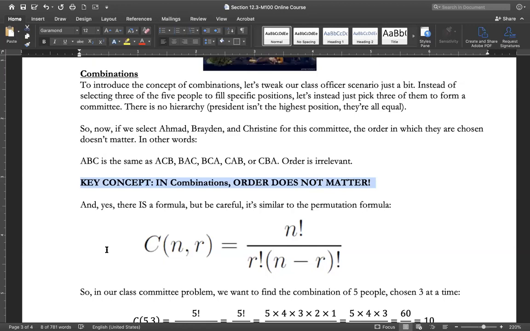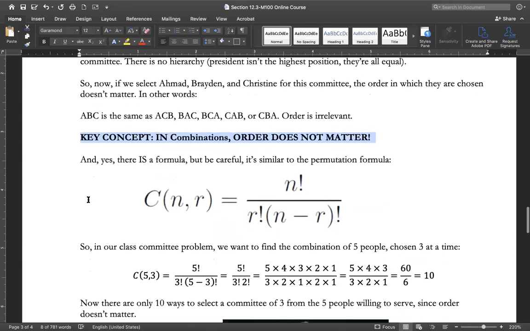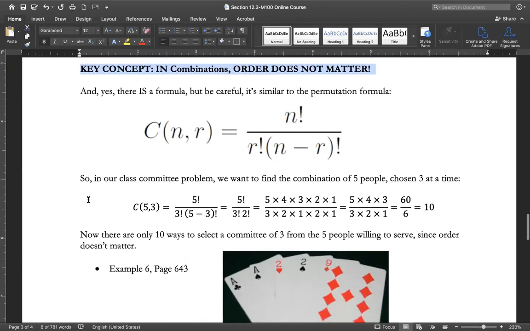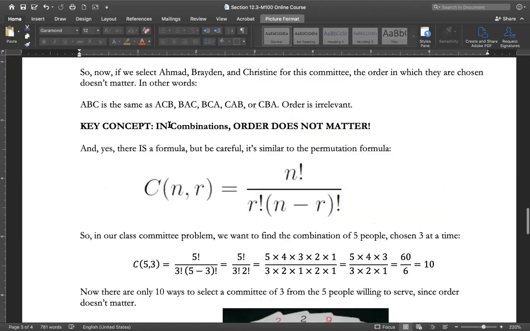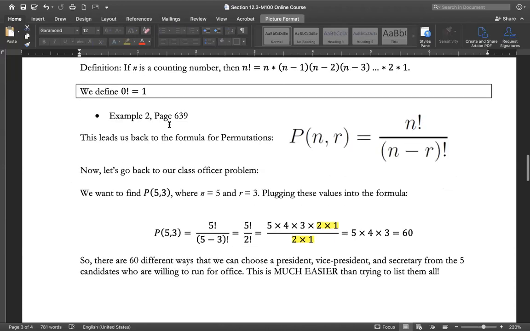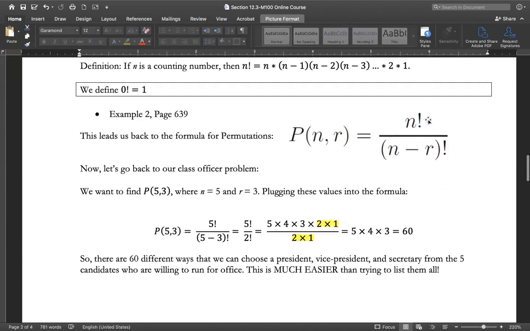Now, the nice thing about combinations, like permutations, is that there is a formula. But I want you to notice it's very similar to the permutation formula. It is not the same. If we go back up here to the permutation formula, permutation of n choose r is n factorial over n minus r factorial.